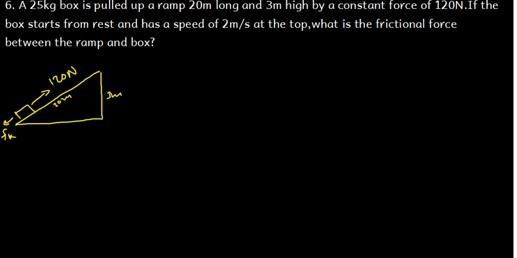conservation of energy. So energy at the start should be equal to energy at the end. So not really energy at the start and at the end, but let's say work.